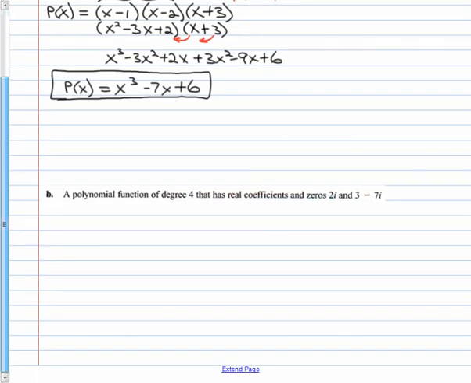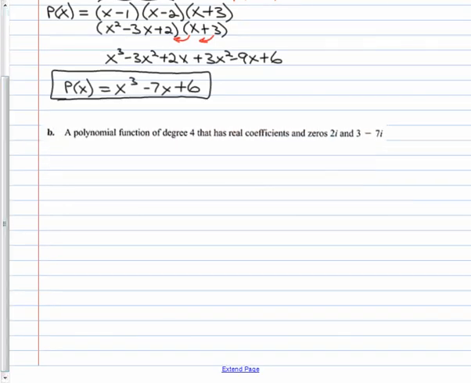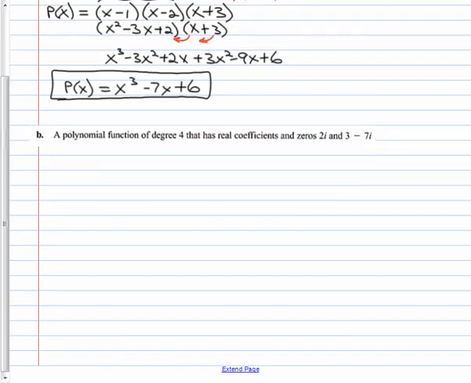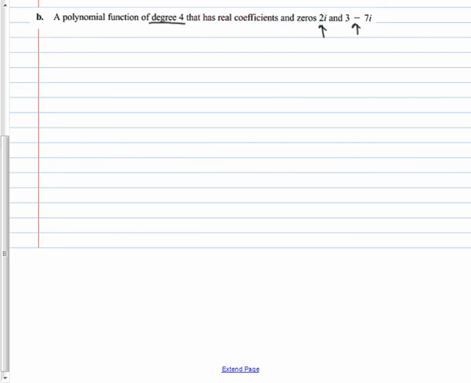Same idea works down here, even when our zeros include some complex values. It says a polynomial is going to be a 4th degree, and it has zeros of 2i and 3 minus 7i. Well, let's start out with the same process as before.